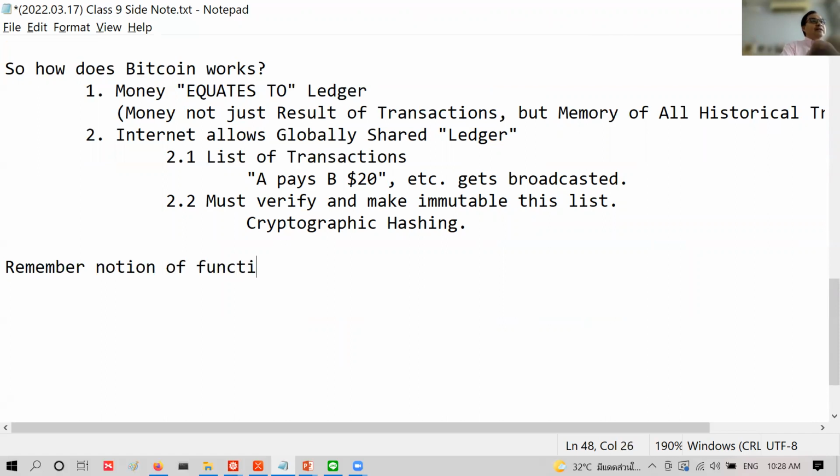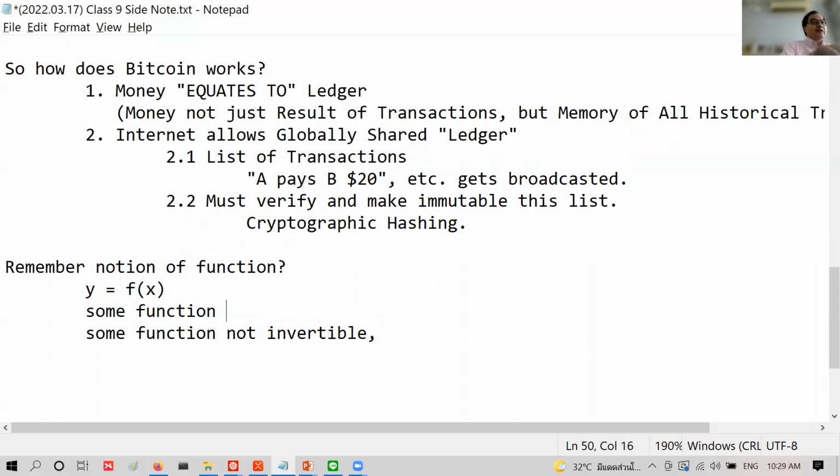There's a function f of x, y equal to f of x. Some function is invertible, i.e. x equals f inverse of y.